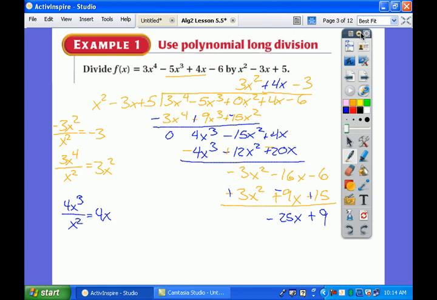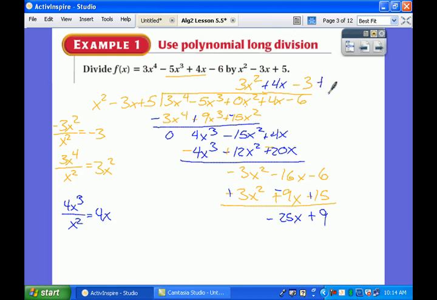Method 2 is we write out plus, and then we write negative 25x plus 9, and then we write that over this guy, the divisor x squared minus 3x plus 5. Those are our two options.